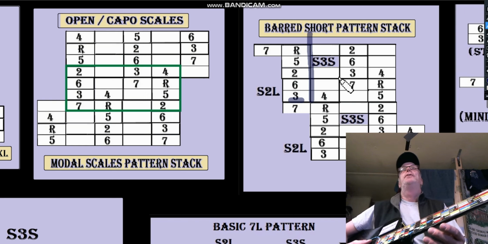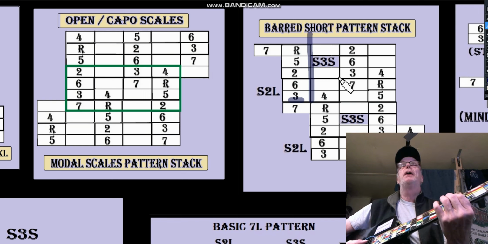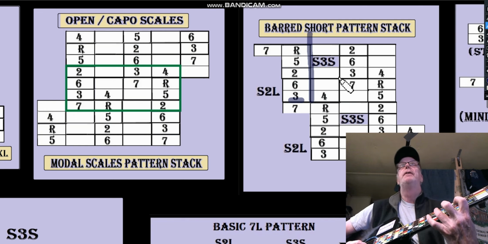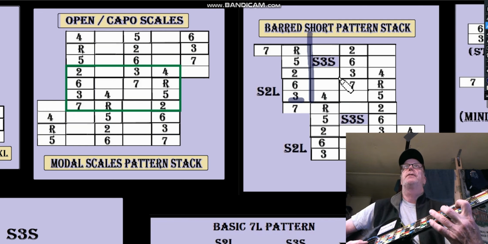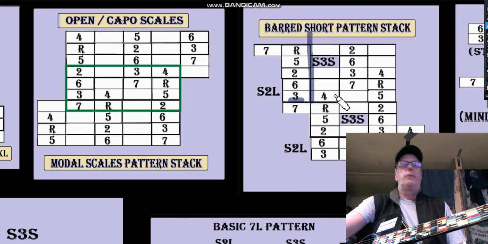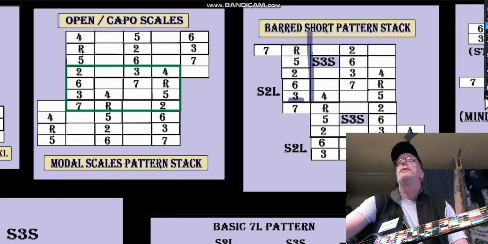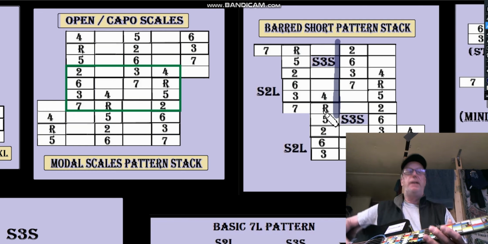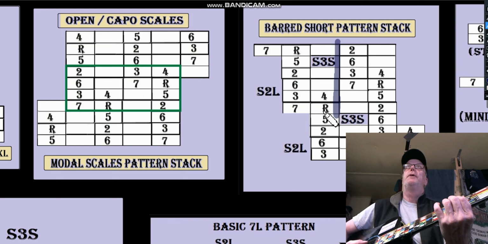Okay, so when we start on that 3, we go 3, 4, 5, okay, 6. Okay, we're going to start on the root. Let's go backwards. The E shape starts on the root, so the fret nut is here when the R is the E. Then we're in trouble, right?